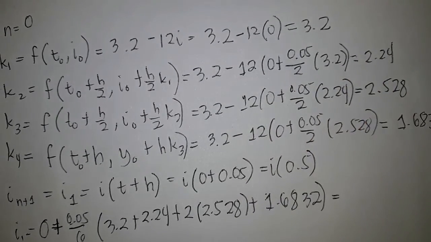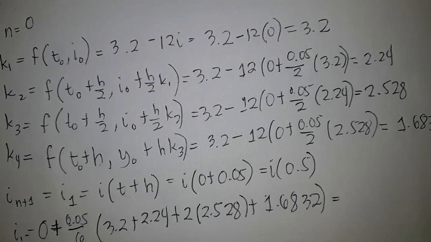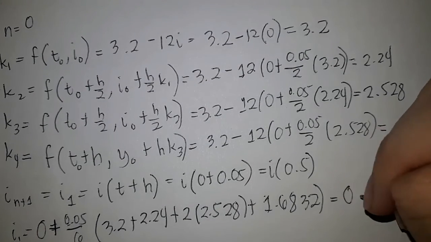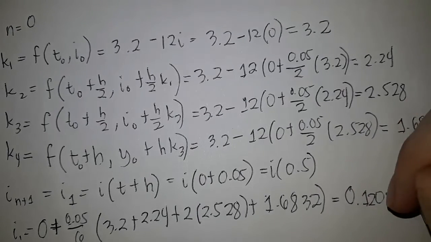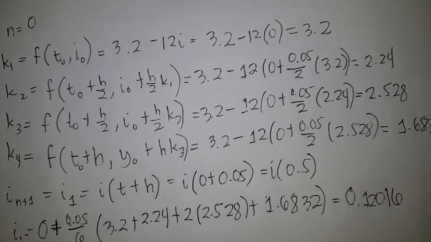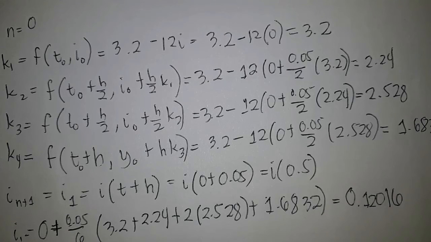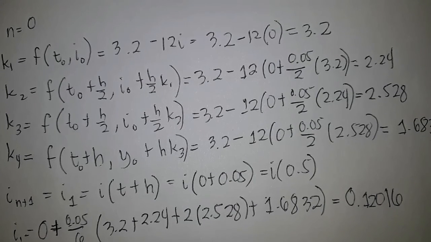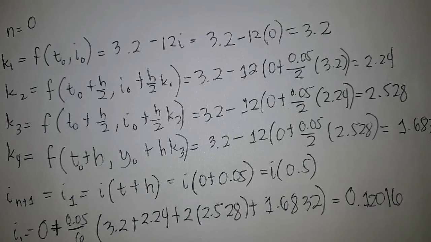So the value of I sub 1, or the current of the given circuit at t equal to 0.5, is equal to 0.12016. So we still haven't obtained the required value of the current at time t equal to 0.1.